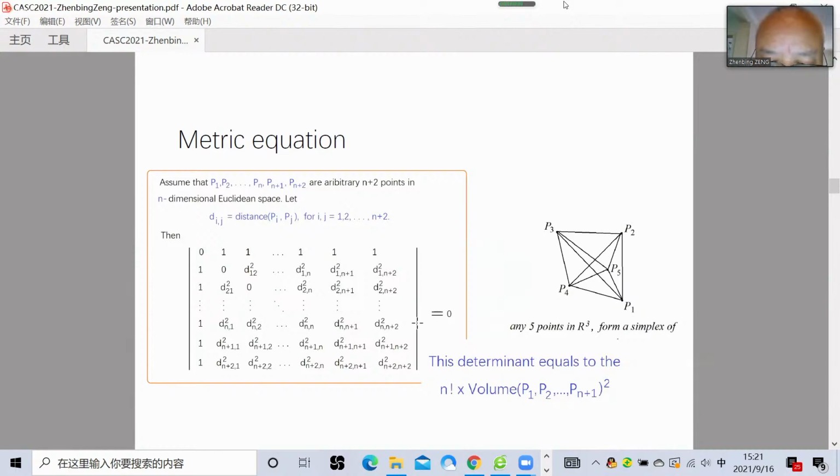So this determinant equals 0. This result was established by Cayley-Menger a long time ago. We will use this to construct the algebraic equation for our problem.